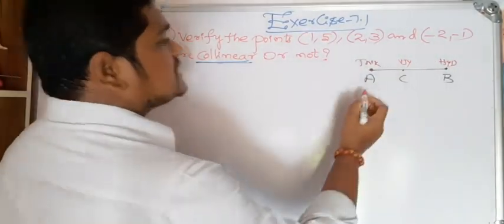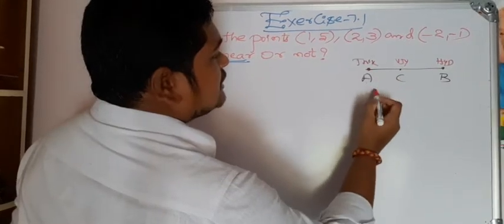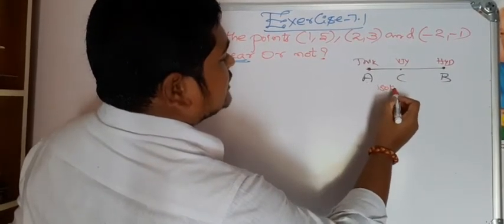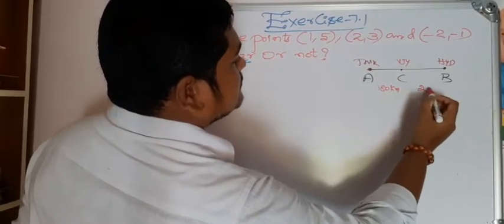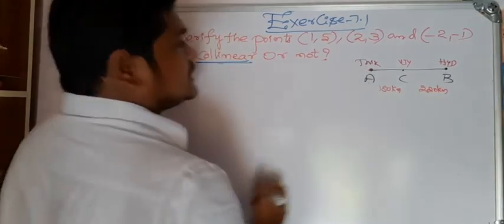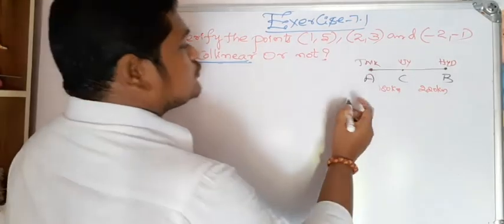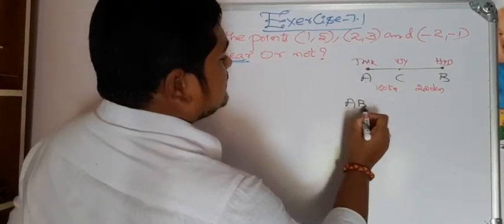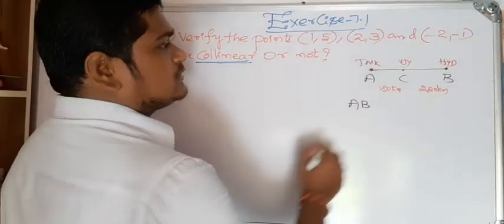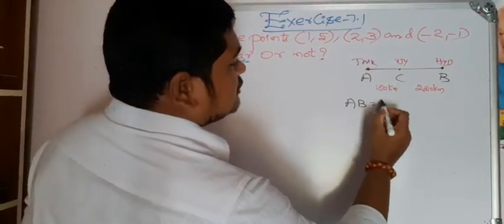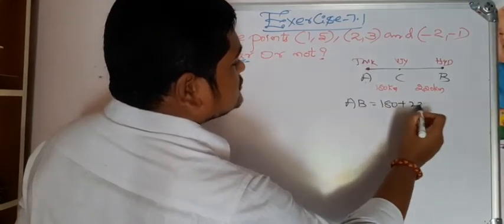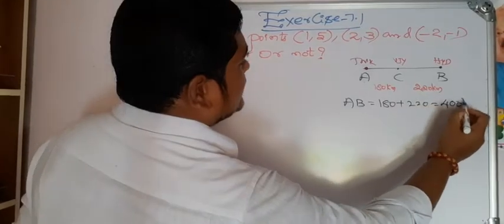Suppose Tanuku to Vijayawada is approximately 180 kilometers. Next this one is some 220 kilometers. Now our total journey is we start at A and reach B. Then the total journey must equal 180 plus 220, so this is 400 kilometers.